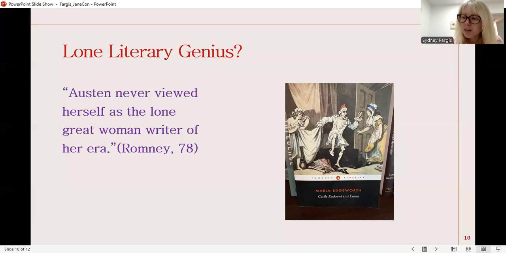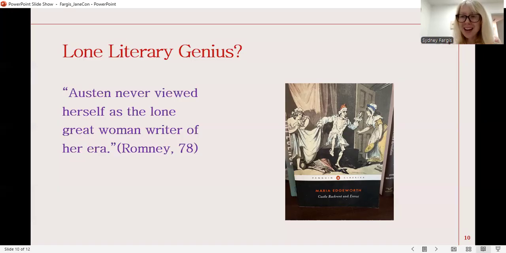Edgeworth sort of disappears from the canon, and meanwhile, Austen is viewed as universal. Her works become viewed as superior to that of a regional writer, superior to that of Edgeworth.